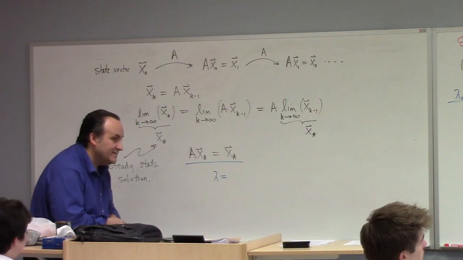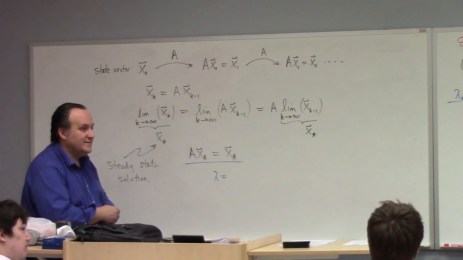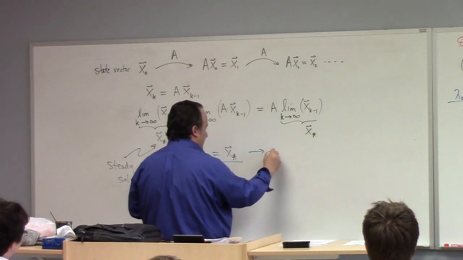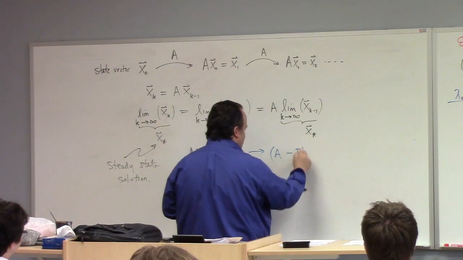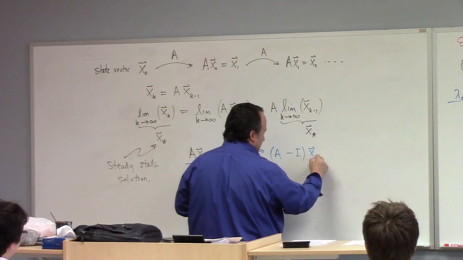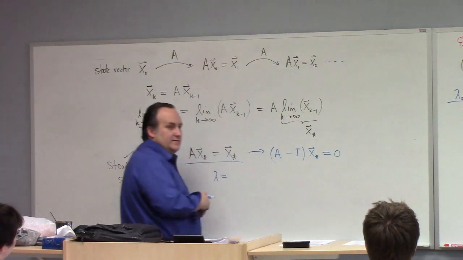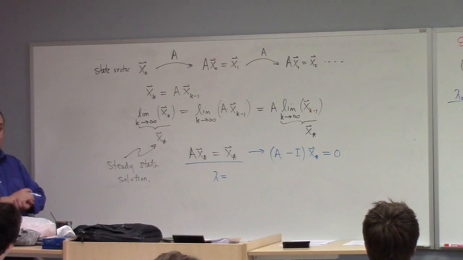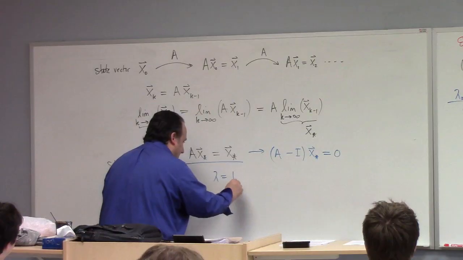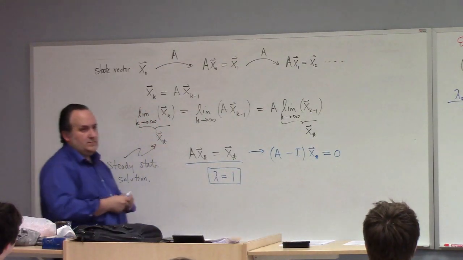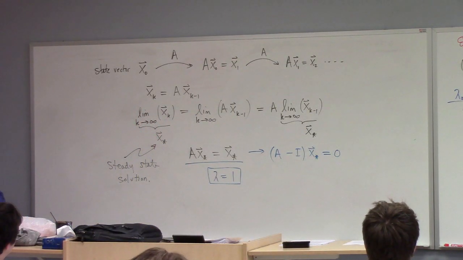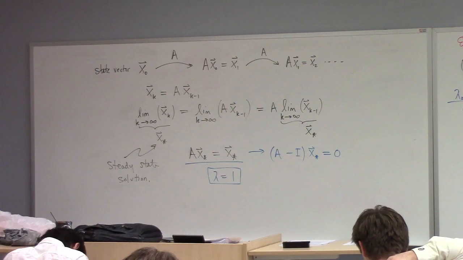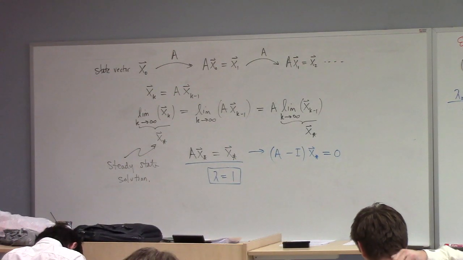We could rewrite this as A minus the identity matrix times x star equals 0. But what is the lambda? I heard a 1. Yes, the eigenvalue is 1. So if we have such a system, the significance of the eigenvector problem is that it gives us the steady state solution to a problem like this.